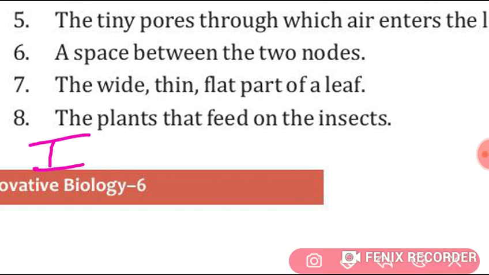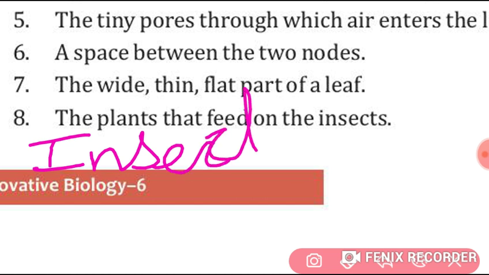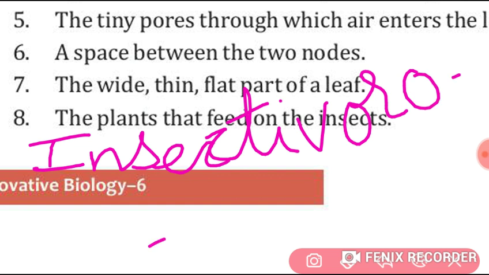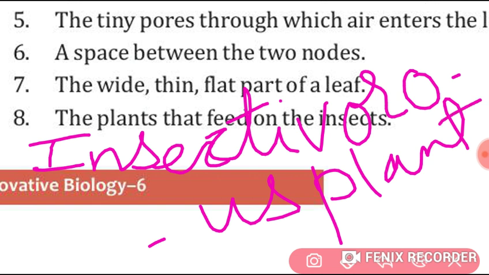What is its answer? Insectivorous plants. Again, I am telling you the spelling: insectivorous plant.